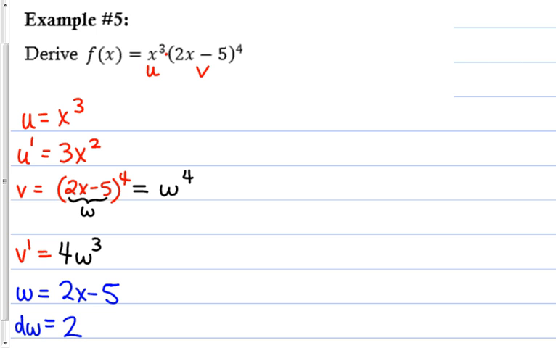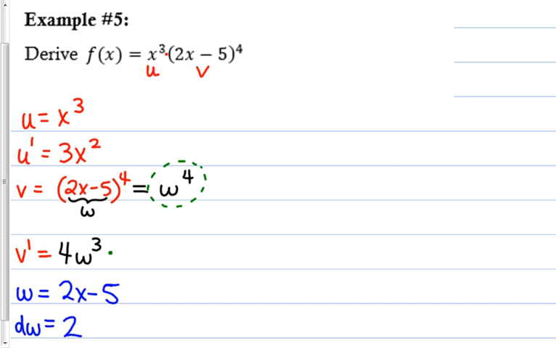So when I actually find the derivative of v, I'm supposed to be doing the derivative of the outside, which is the w to the fourth power, this right here. And that's how I got 4w cubed. But then I have to multiply it by the derivative of the inside, which is my dw.